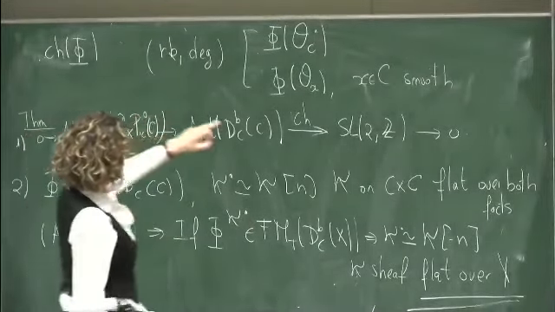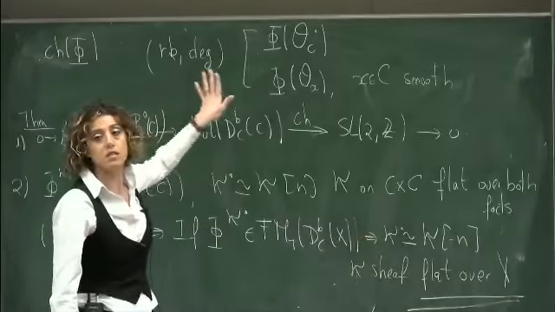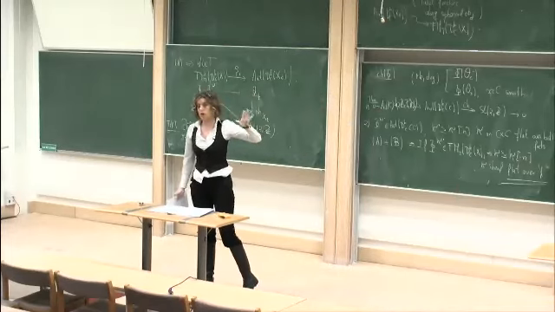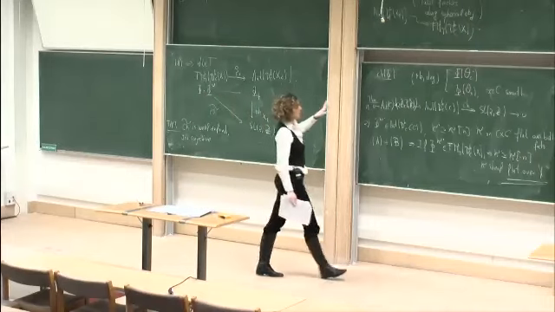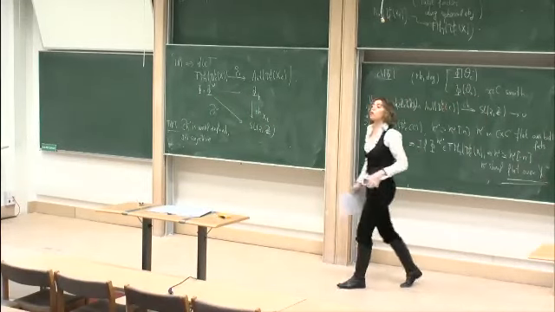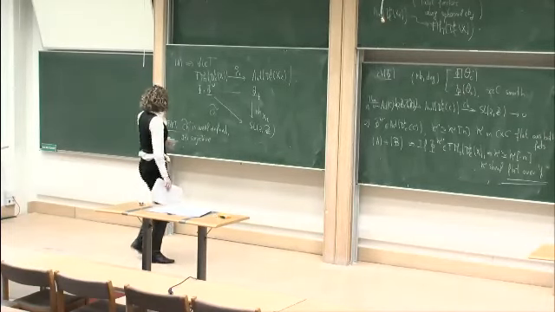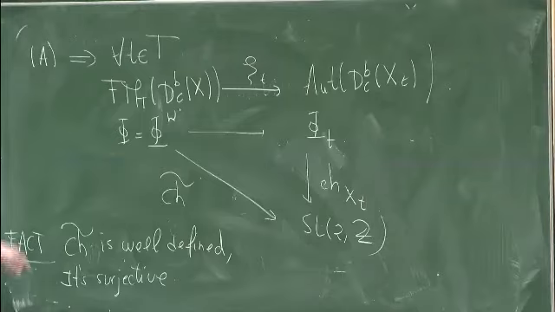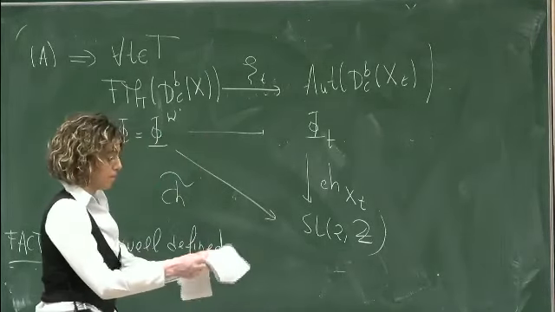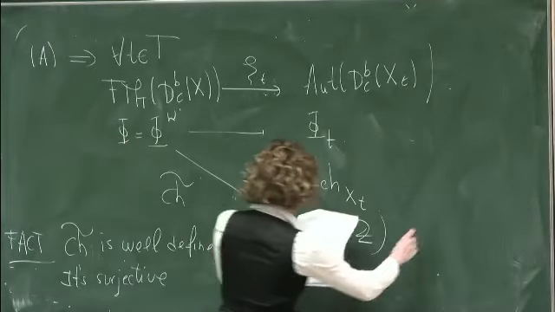Okay, but using this fact that the kernel is flat over the base, then you get that the rank and degree don't depend on the fiber, on T, using the fact that the kernel is flat over X. Okay, and how is the behavior of WIT shifts. And for the second one, for the surjectivity, we use again the result A, because here there is a pair of generators. Okay, I don't have time to explain that.